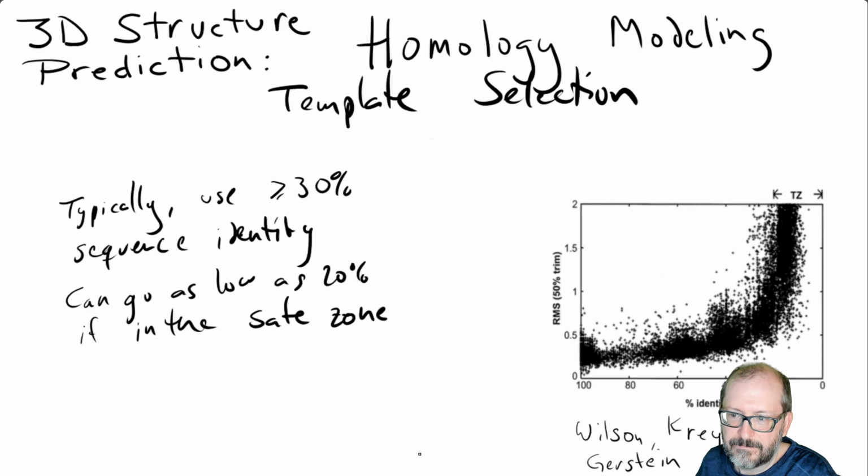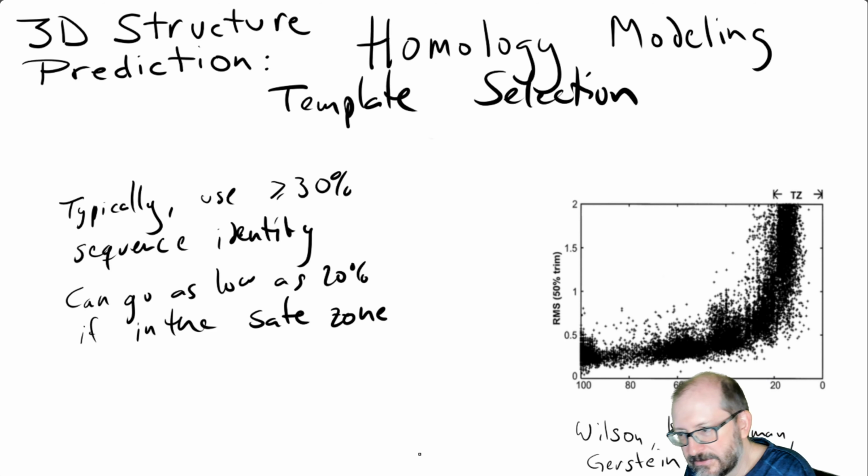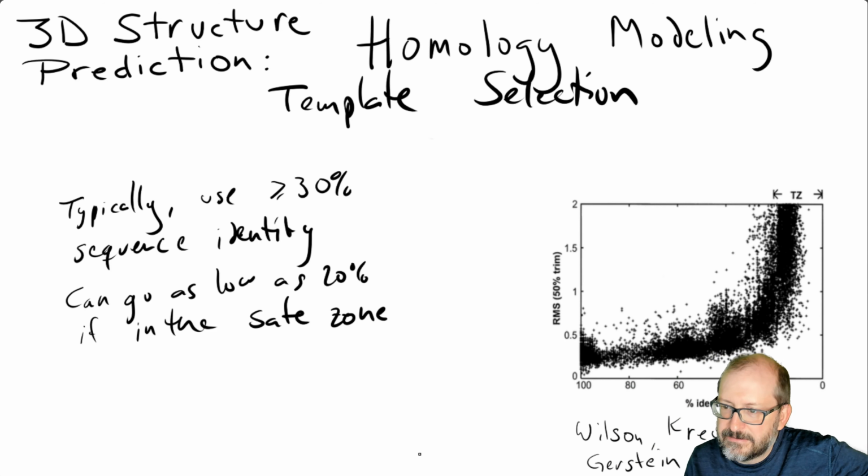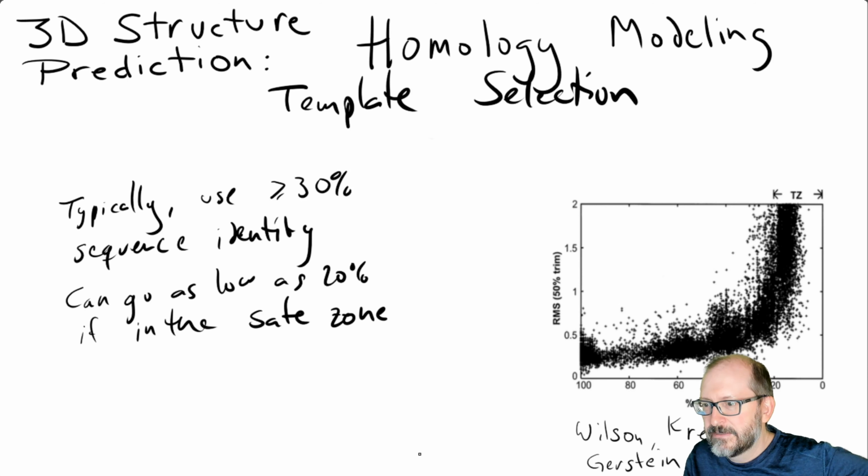Okay. So what do we mean by template selection? Well, the selection of a template is all about, number one, the quality of the template, how big it is, what sort of resolution you get, but also you have to worry about whether it's the right template, right? And so very early on, back in the 70s, Mike Levitt observed that there's a sense in which structure is more conserved than sequence.